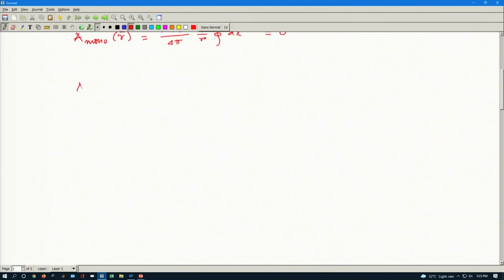So, what about the dipole contribution? The expression was mu 0 I divided by 4 pi, and then we had 1 divided by r square, and then this is r prime, and then cos theta dl prime vector.